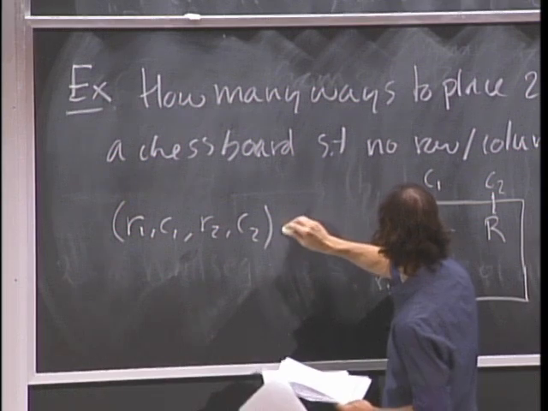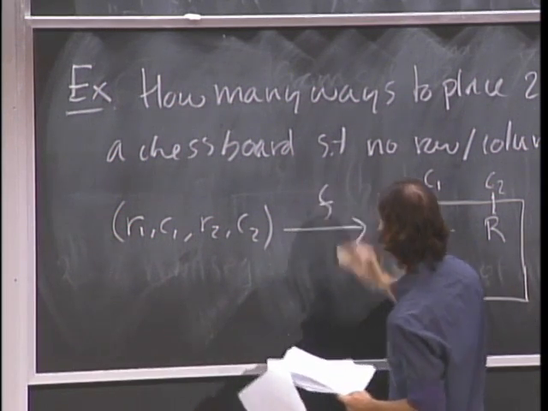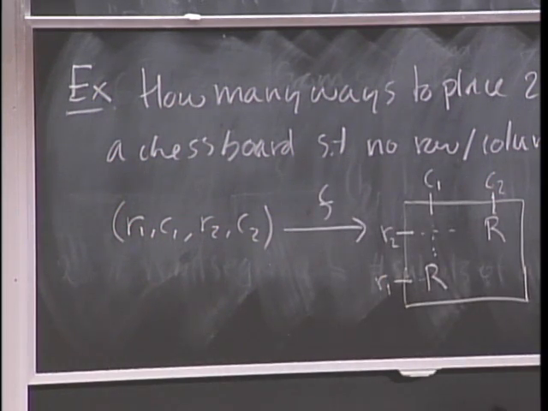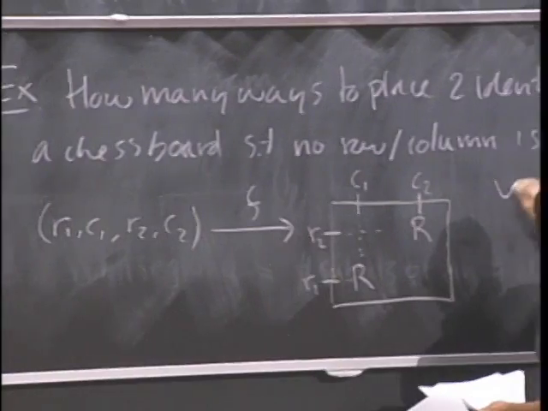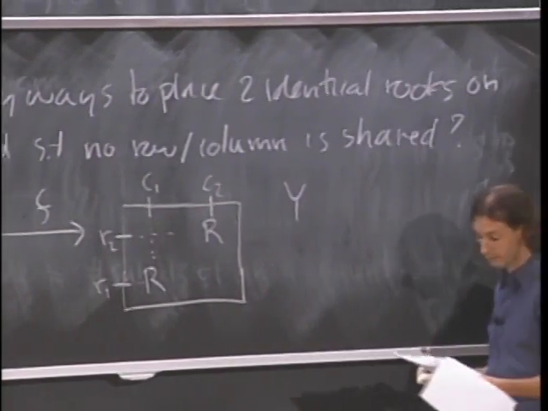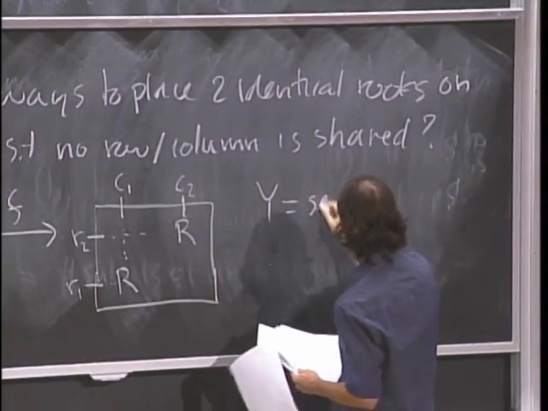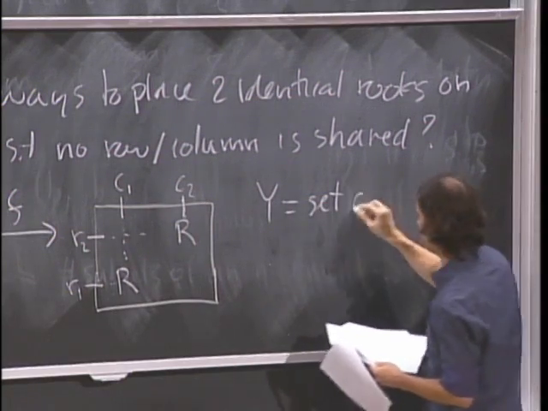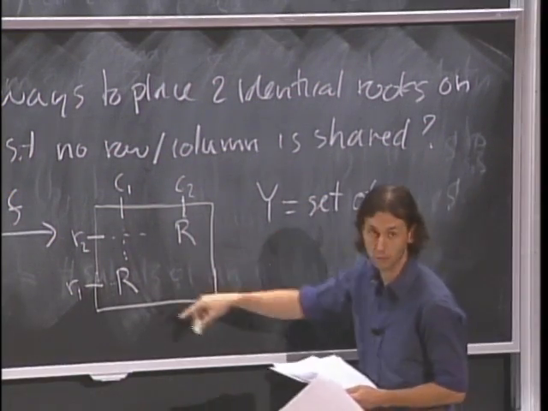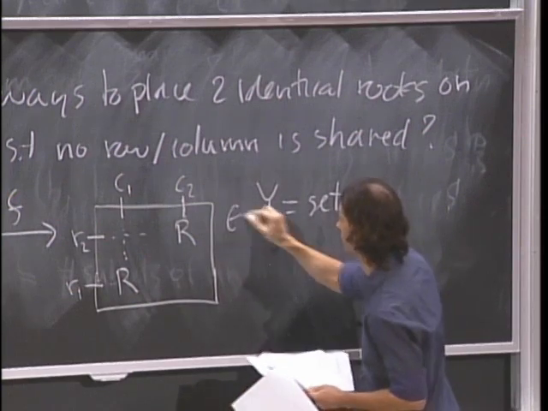And I could create a mapping, F, that is doing this for me. So let Y be the set of valid rook configurations, and this is one example of it. So this is part of this set.